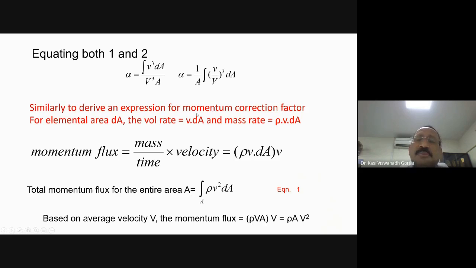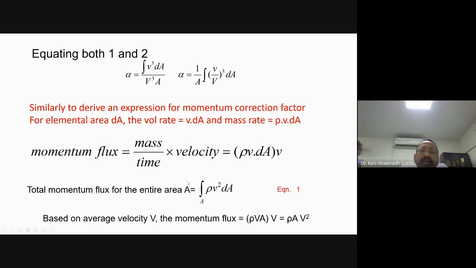Similarly, to derive an expression for the momentum correction factor, for elementary area dA the volume rate will be equal to v dA, and the mass rate will be rho v dA. The momentum flux is mass per time into velocity, so rho v dA into small v. The total momentum flux will be the integral of rho v square dA.